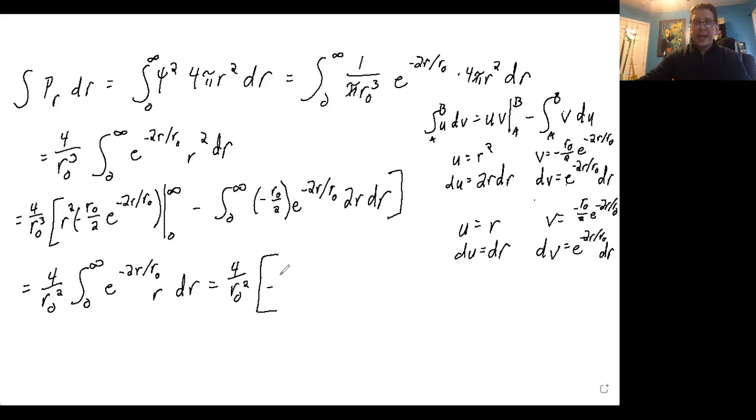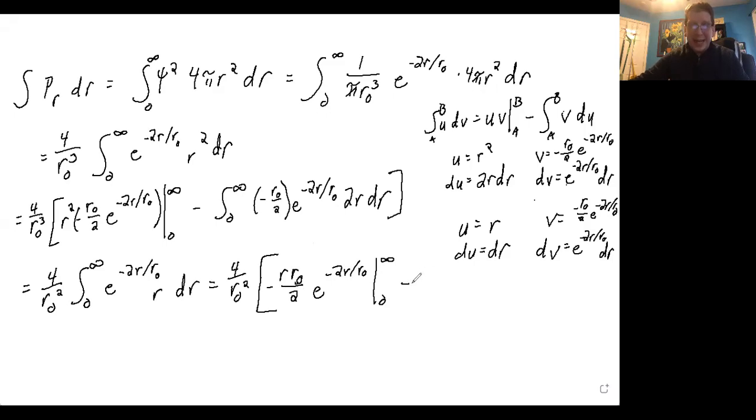So that's negative r naught over 2 times e to the negative 2r over r naught, evaluated from 0 to infinity. And so you can probably already see that at 0, when r is equal to 0, this function is 0. And when r goes to infinity, the function goes to 0 as well. So this term is again going to be 0.